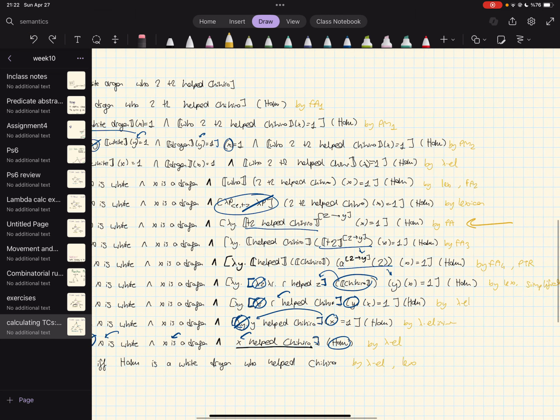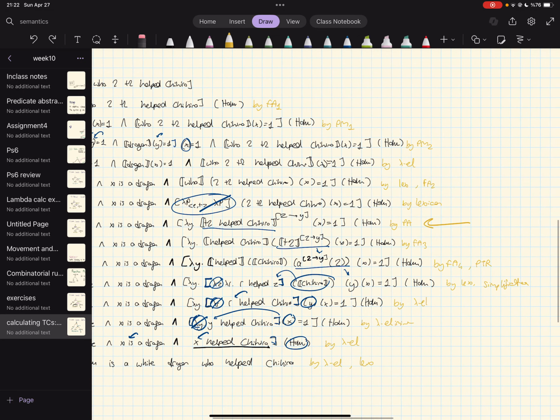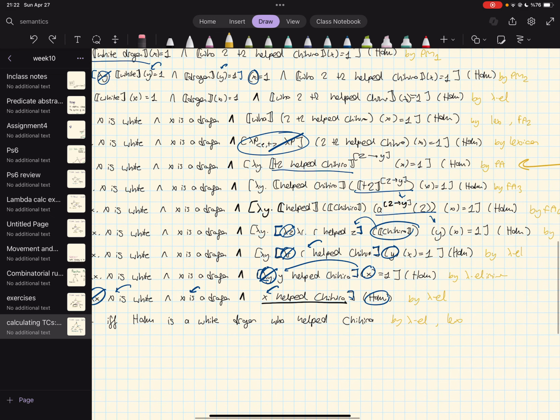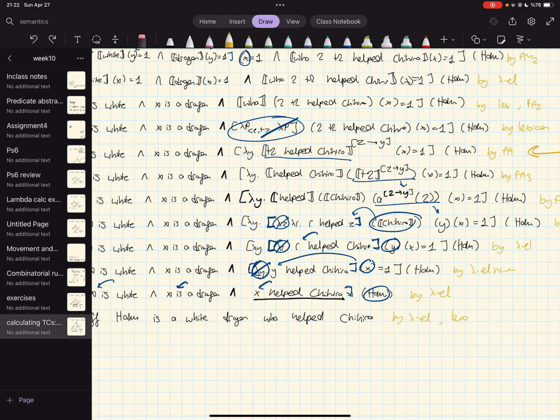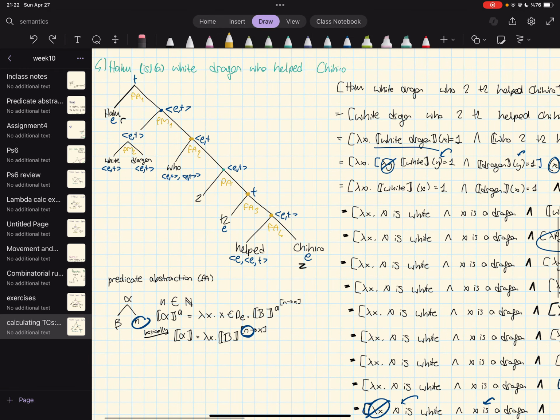And then after our PA, the last step we had to do was to factor out Shiro, which is our last argument. And then, making use of our lexicon, we wrote down the notation of helped. It's a two-place function, a transitive verb. We call it lambda z, lambda r, such that r helped z. And the reason why we assigned r to Haku was because it was the latest argument, because the predicate helped takes Shiro as its argument first.